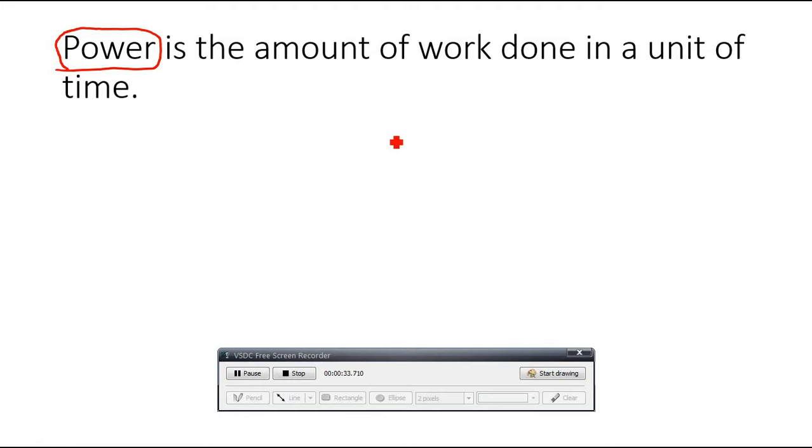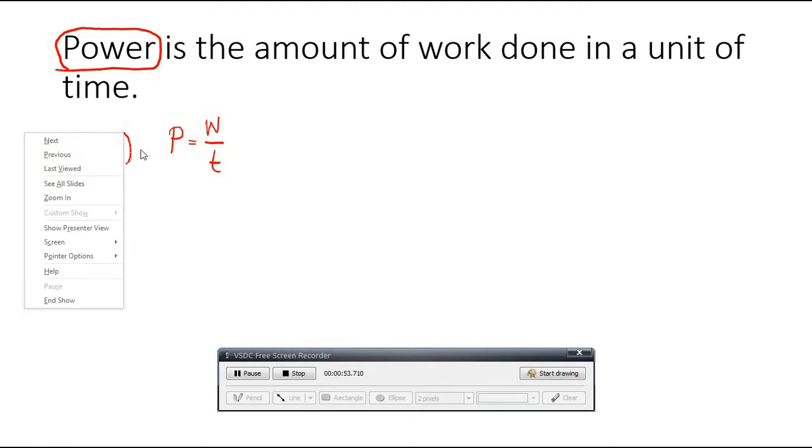From that given definition, we can express power in this equation. P, which represents power, is equal to work over time. This will be your base formula. Let's put number 1 there because that's your first formula. W is your work and t is your time.